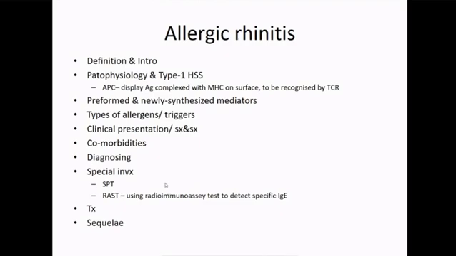Okay, so what happens if you do not treat this disease well? It has sequelae lah. So aftermath. If you do not treat this disease, as you know, the nose, at the back of the nose, there is opening for the ears. We call it eustachian tube opening there.